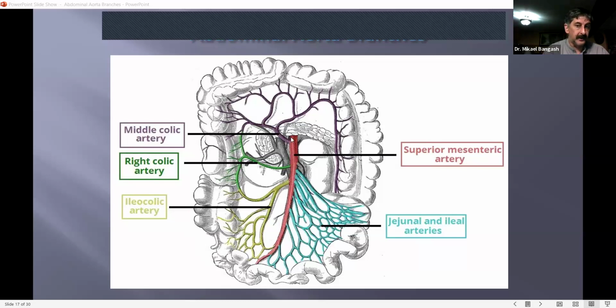But superior to that is still going to be a branch that we'll call the middle colic artery, which is going to supply those first 2/3 of your transverse colon, because that falls within what is considered to be the midgut. Did you guys get that?